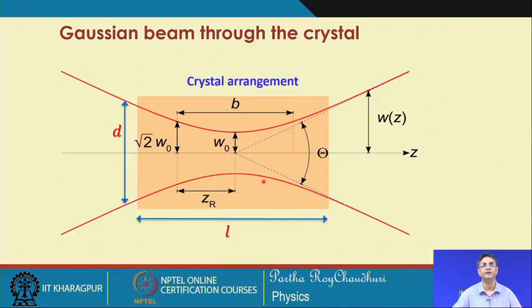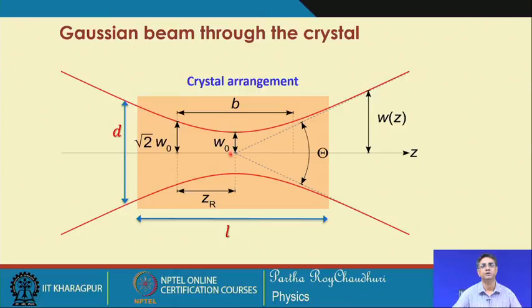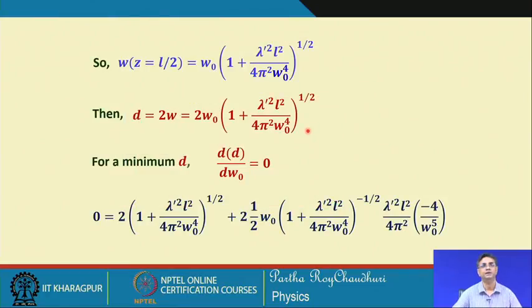So, by doing that, we can see that when z equals L by 2, that is half the distance, where this is your L, and this is z equal to 0, where the beam has the minimum size W 0. At z equal to 0, the width and the beam size should be equal.